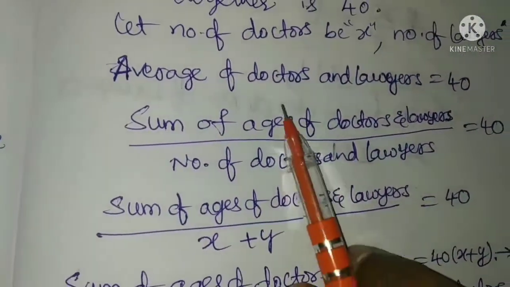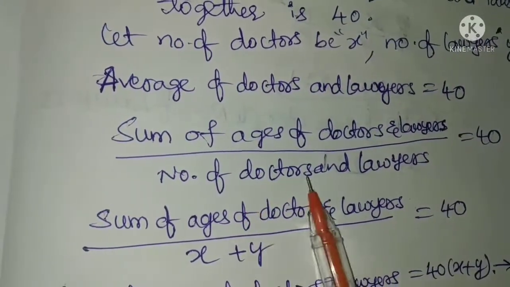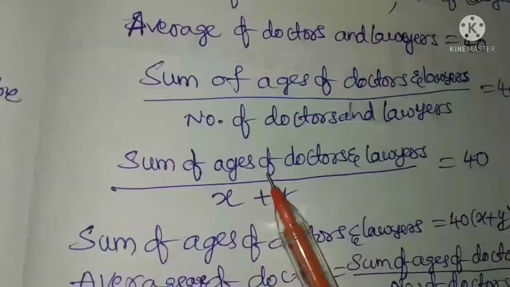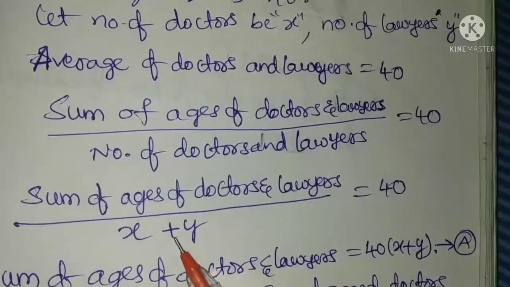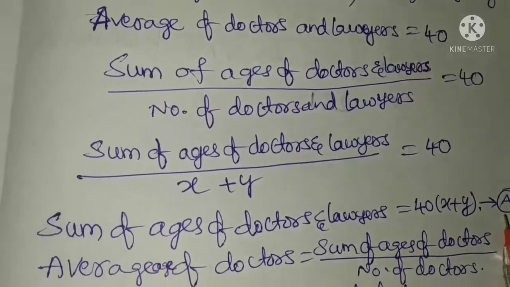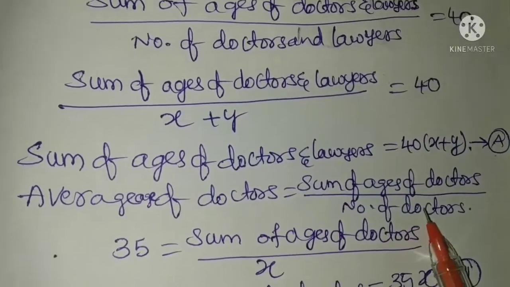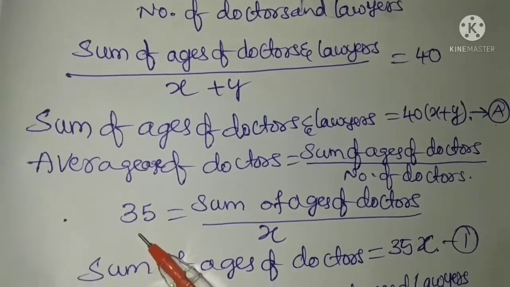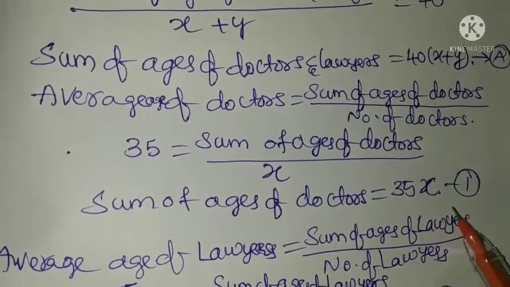By this we get the sum of ages of doctors and lawyers divided by the number of doctors x plus the number of lawyers y, is 40. Sum of ages of doctors and lawyers we get, cross multiplied, as 40 into (x plus y). Let us call this equation A. Average age of doctors is the sum of ages of doctors by the number of doctors, that is x. 35 is given as the average age of doctors, so the sum of ages of doctors is 35x.